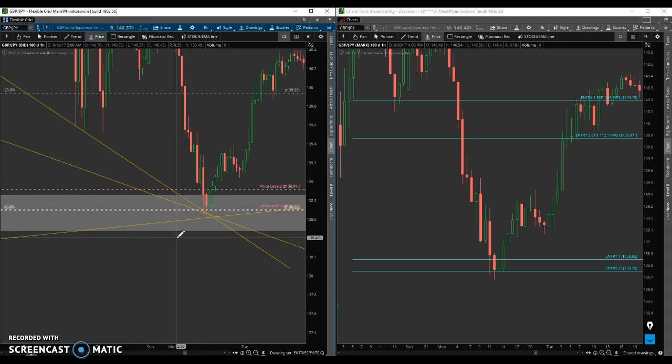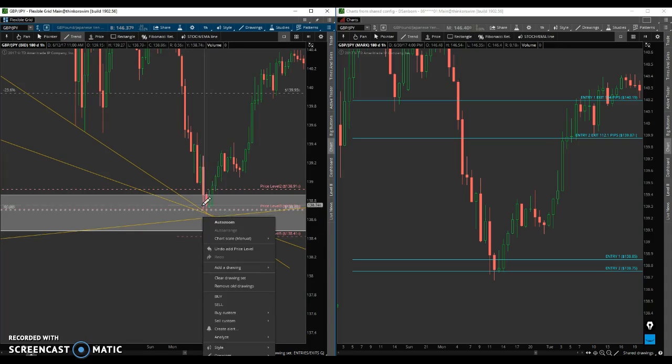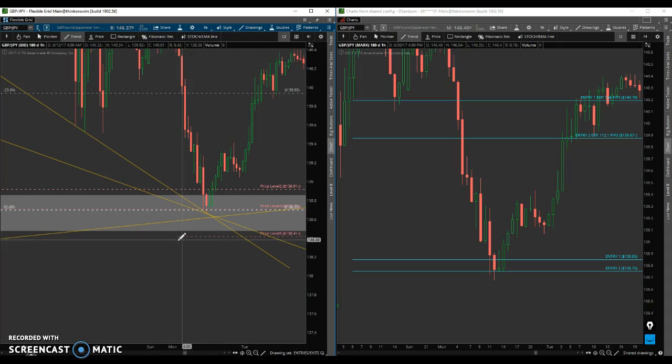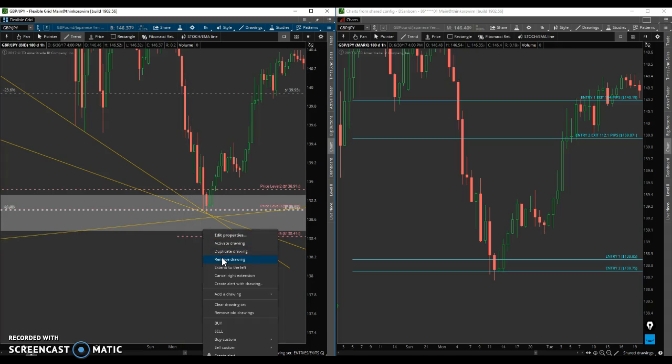My stop loss was down here, for my initial entry, probably about 50 pips or so, and then my second entry, which was around here, maybe 30 or 40 pips. So that's still a valid trade for me.